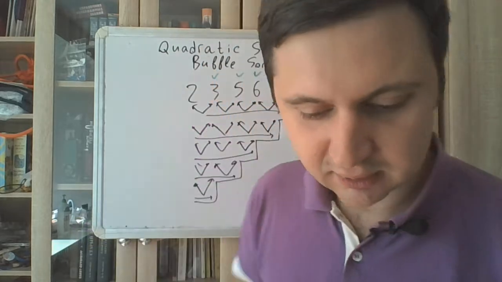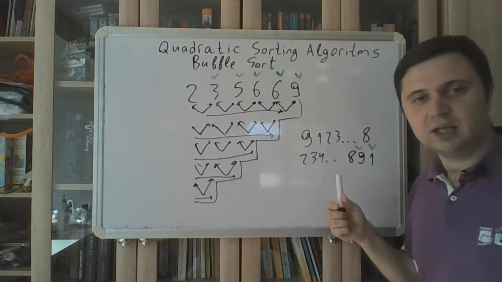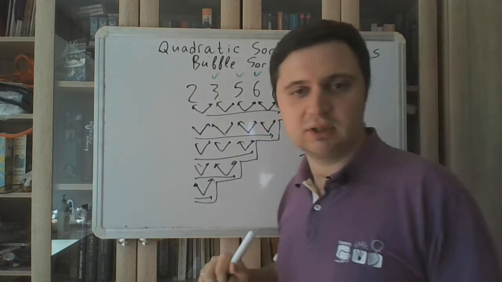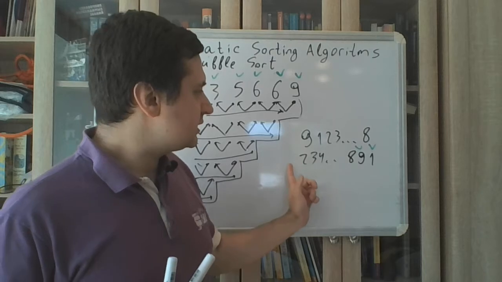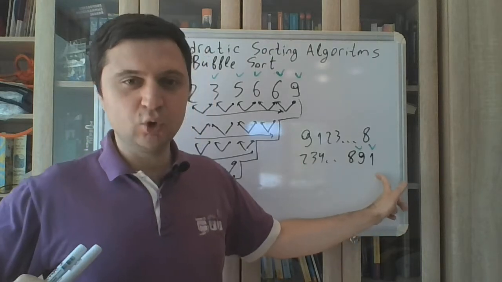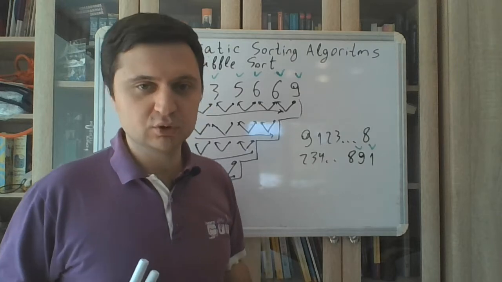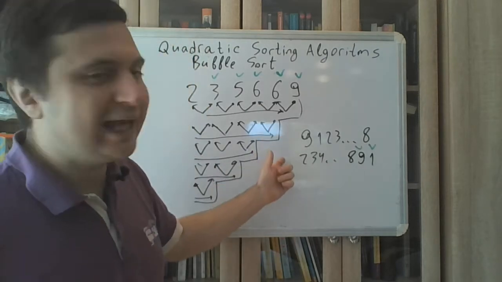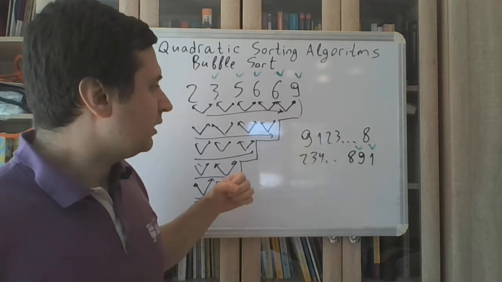So interestingly, this almost sorted array takes linear time for bubble sort to work, and this almost sorted array takes quadratic time for bubble sort to work. But the natures of these two arrays were quite similar.